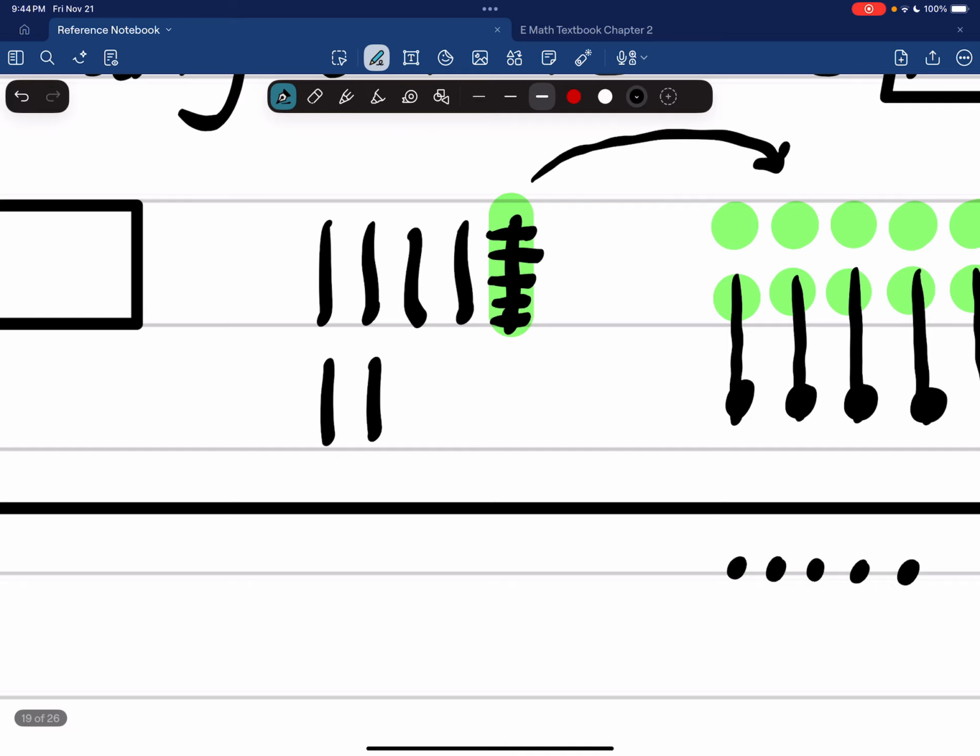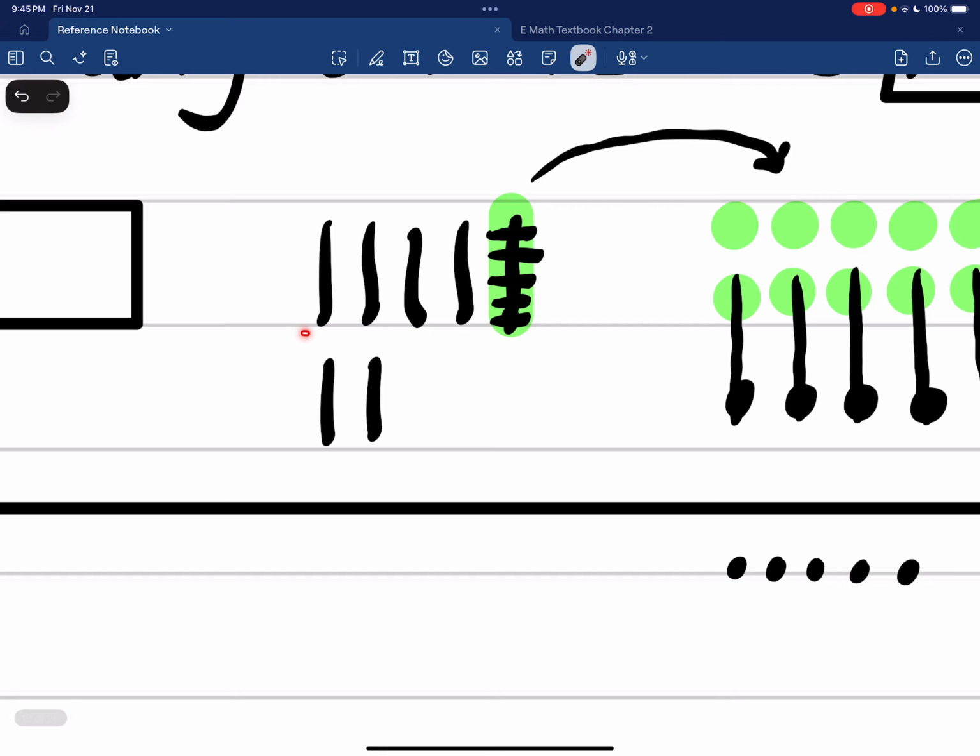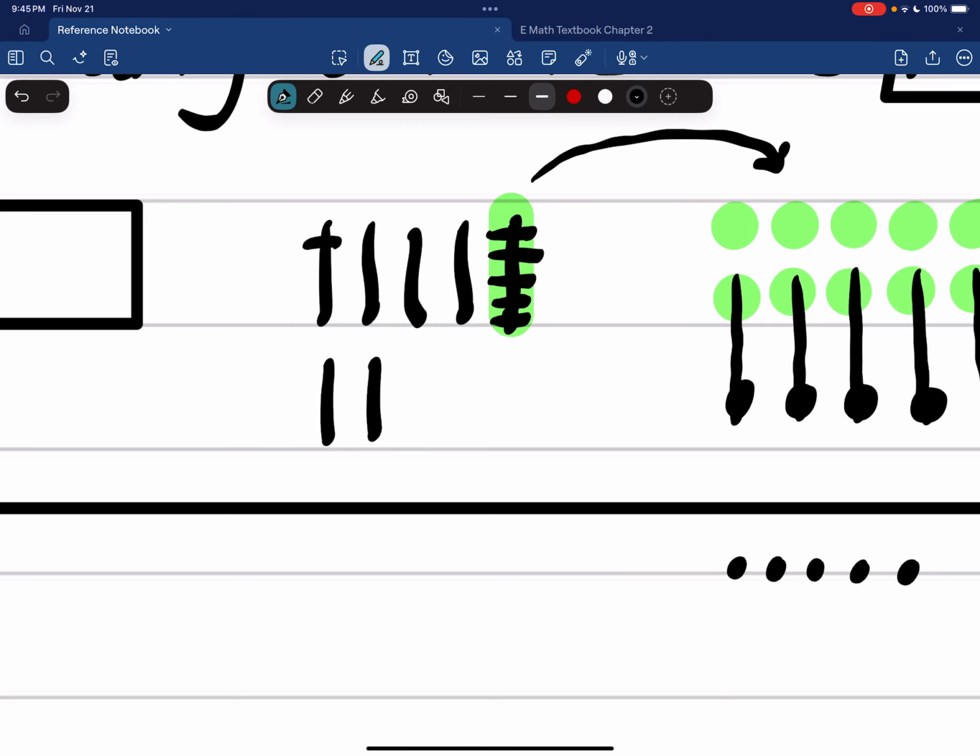And then over here, I have 4 rods. Take away 2 rods or cancel out 2 rods. So I'm going to be canceling these 2 and these 2.